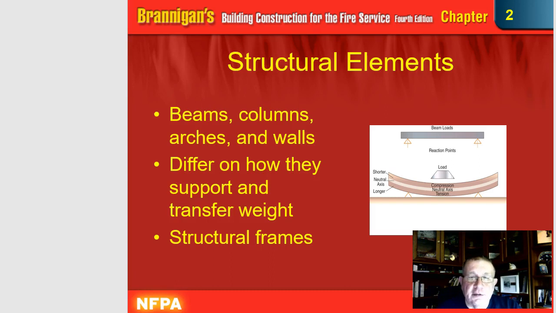It's important to understand there's a law called Euler's Law. That law tells you what your weight factor is going to be on columns, from where the beams are placed and how that beam is going to put weight on the column.